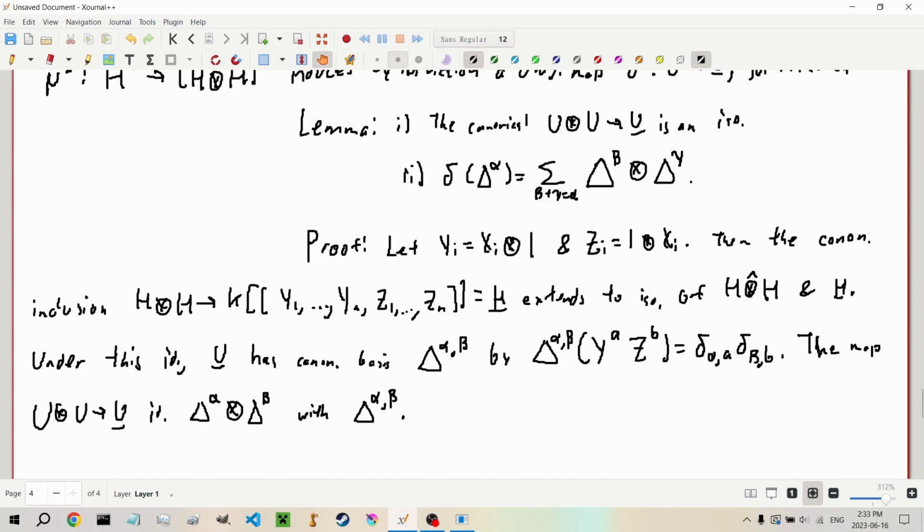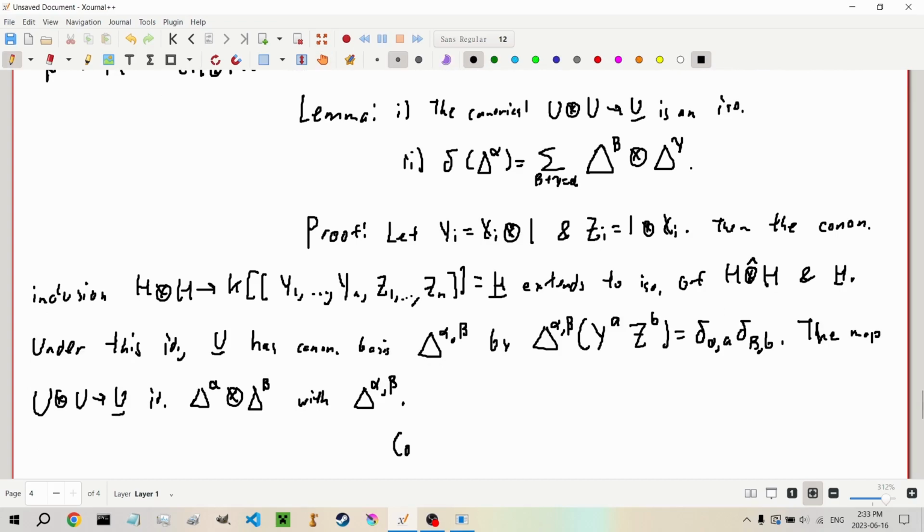And for part 2, we now want to consider the operation delta of delta alpha on a typical monomial y to the beta z to the gamma.